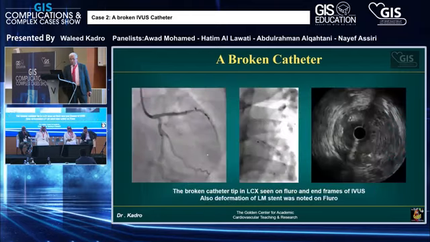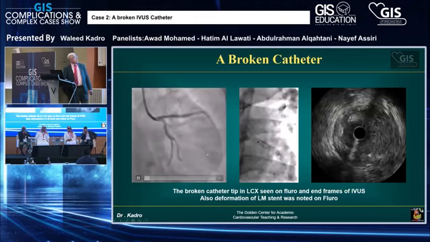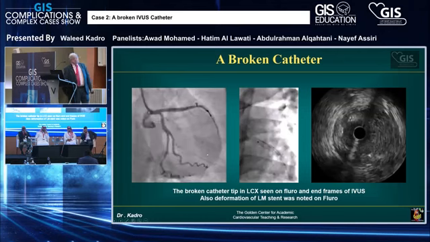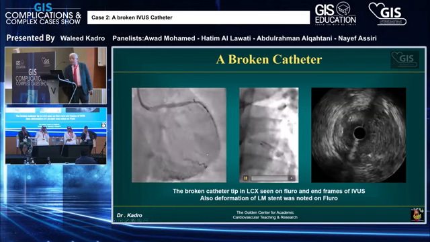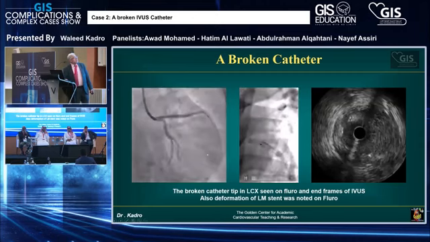Going back now to the fluoro, you see this is the catheter end, and let me put that on the cine. You see that dot, and on the other one, which is pure fluoro, you also see the dot.